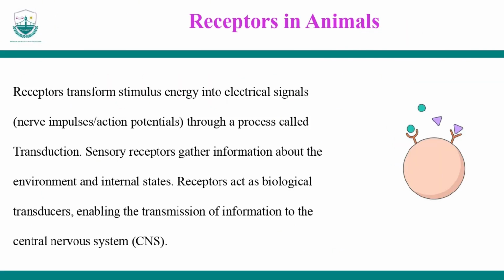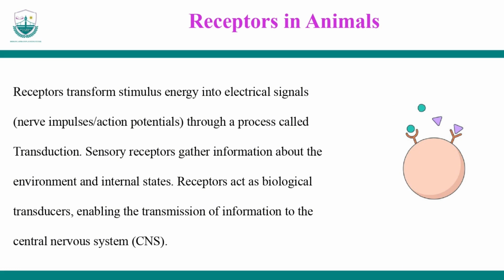Generally, we use the word receptors to talk about cells that can convert stimulus energy into electrical signals, and these electrical signals are the impulses.